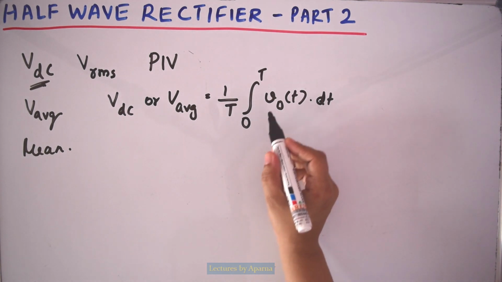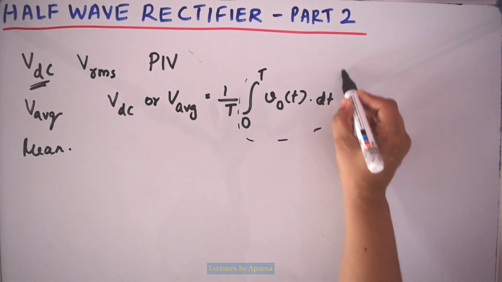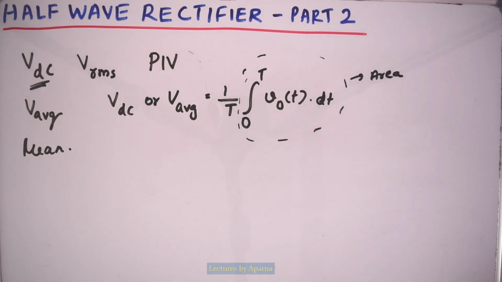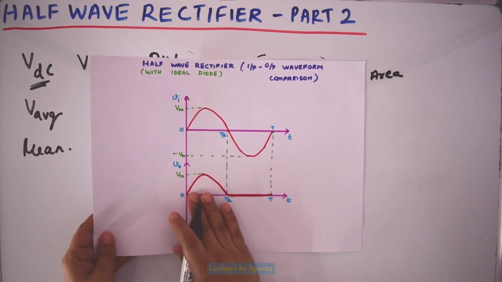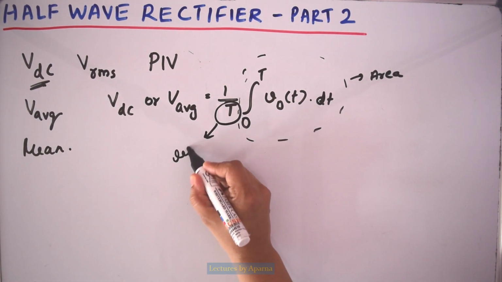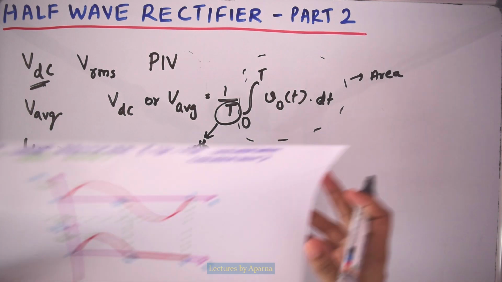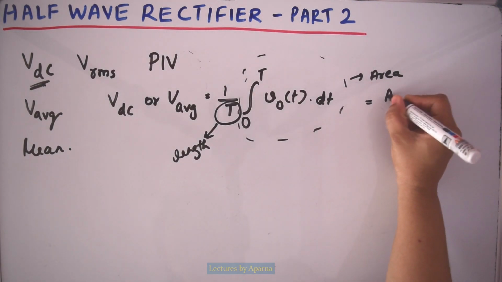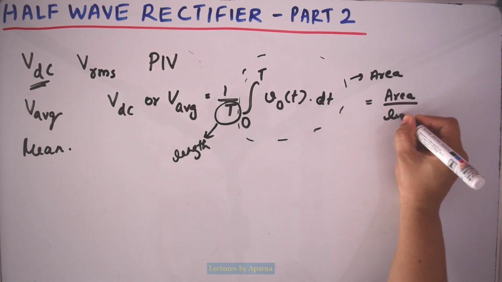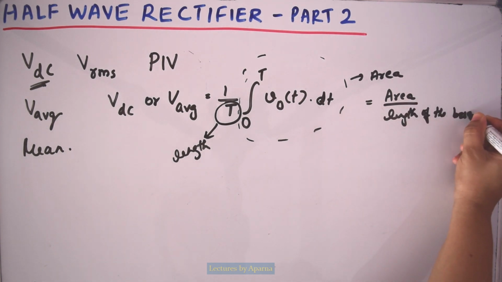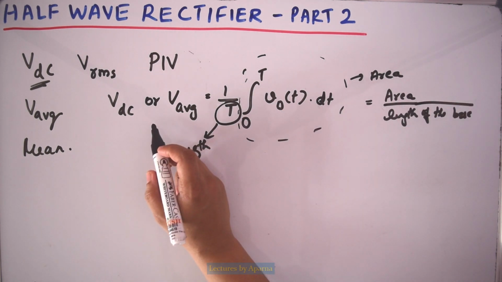This portion is the area under this curve, and this T is the length of the base. So this is area divided by length of the base, which gives the average value.